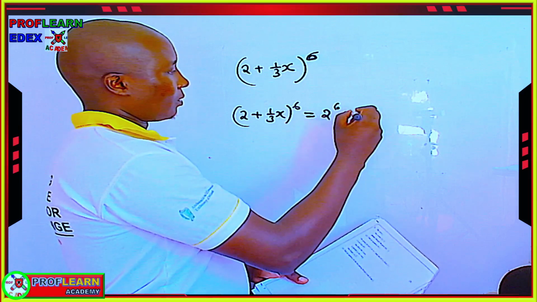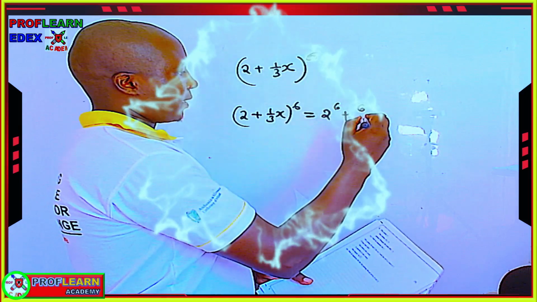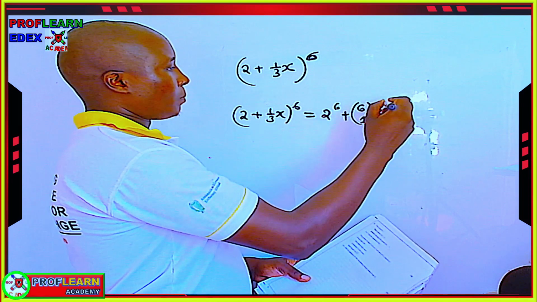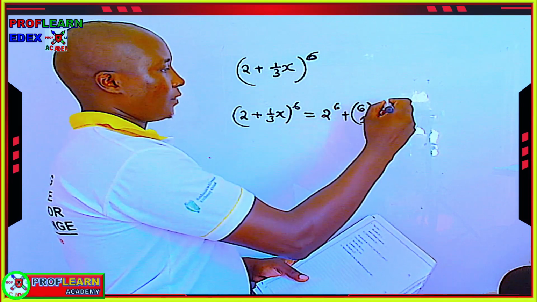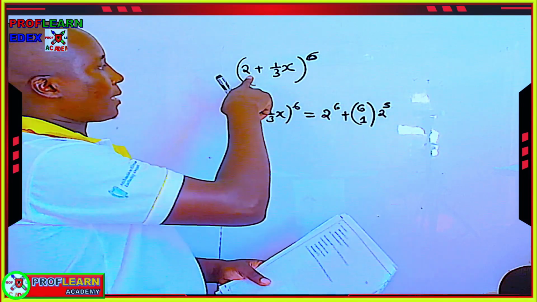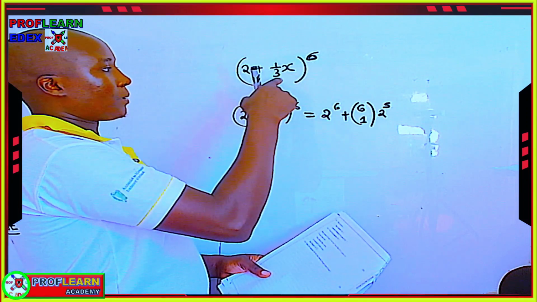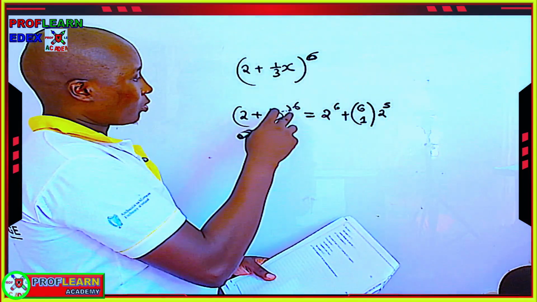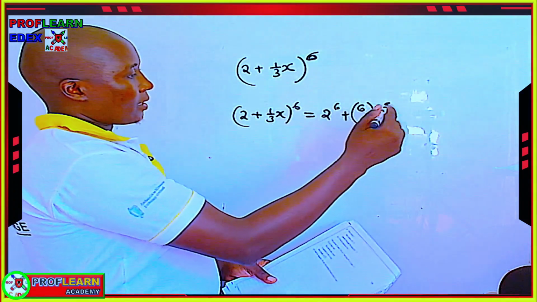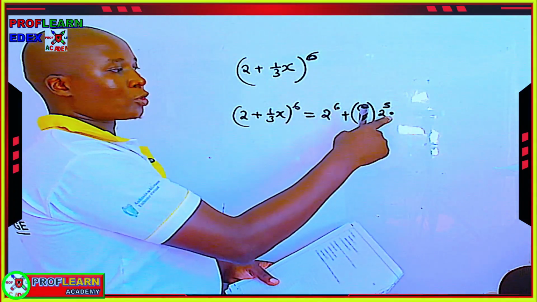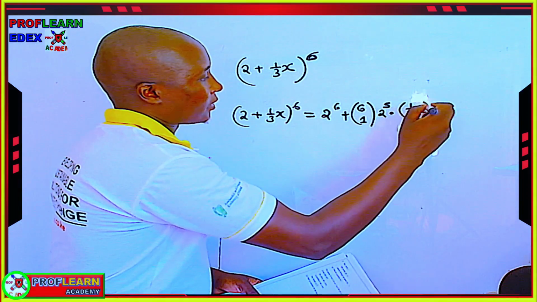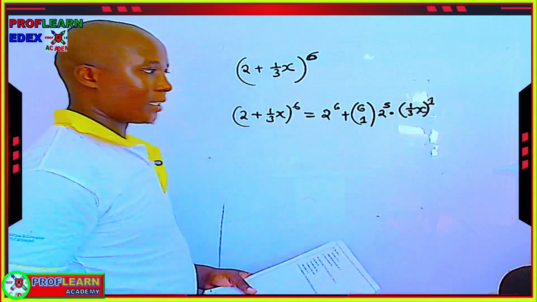plus 6 combination 1, then 2 raised to power 5. The power of this number decreases from 6, and this power increases from 0 all the way to 6. So if this was power 6, the next power of 2 is going to be power 5. And the power of 1 over 3x is going to be 1 in that case.